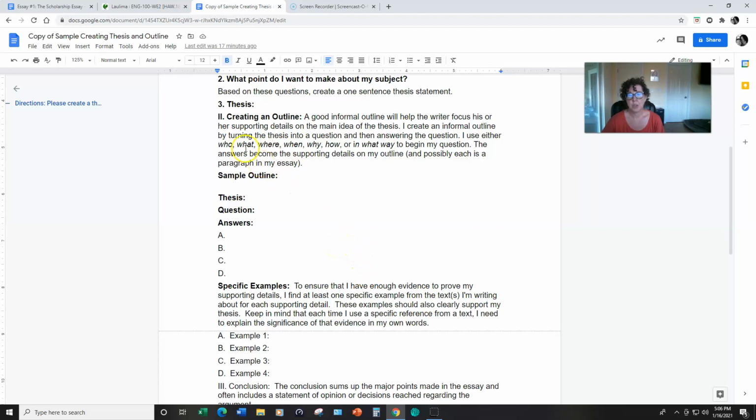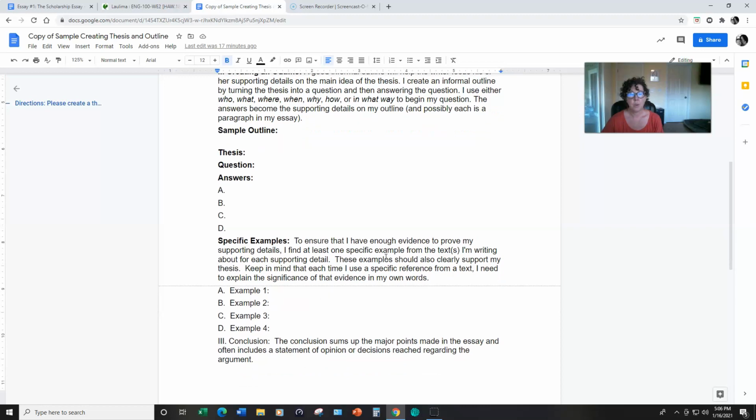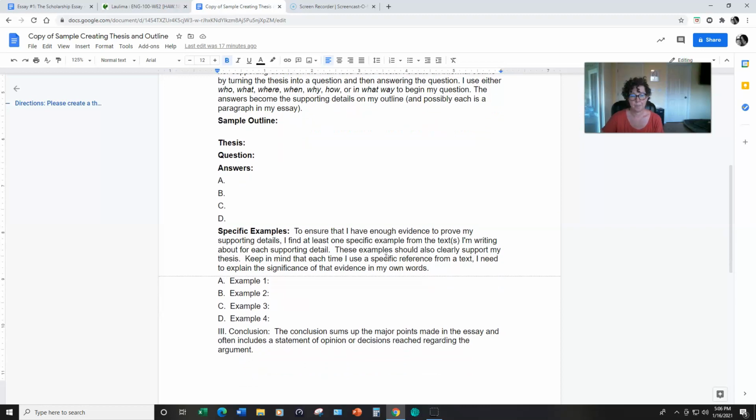You can use words like who, what, where, when, why, how, in what way, those kind of good words that lead to questions to help develop these answers to your thesis, which again you will use to develop the major supporting ideas or paragraphs for your essay.